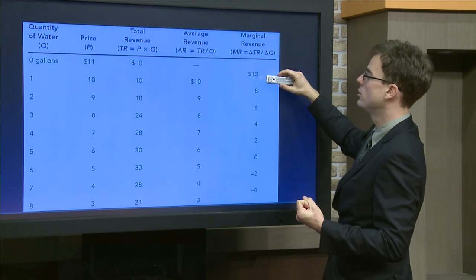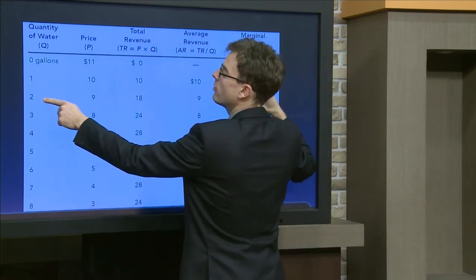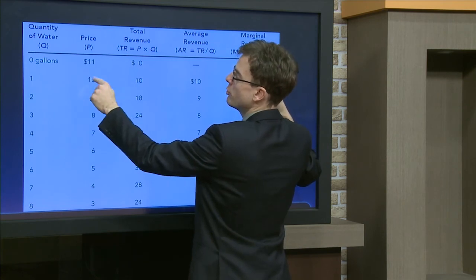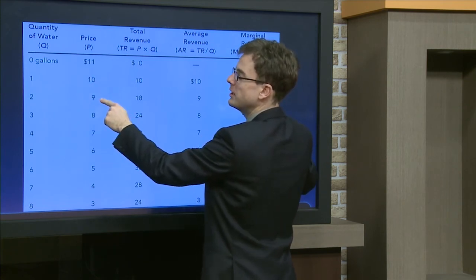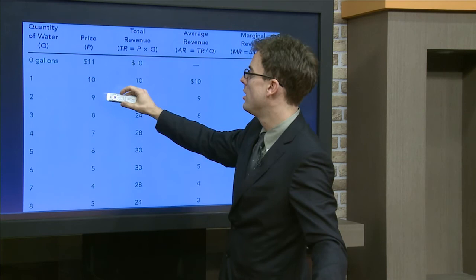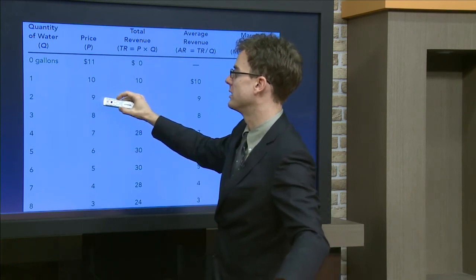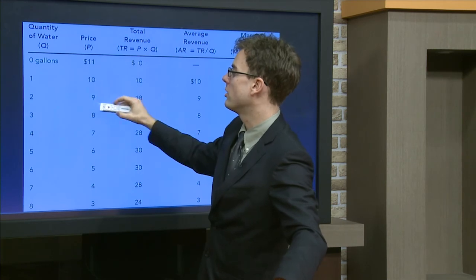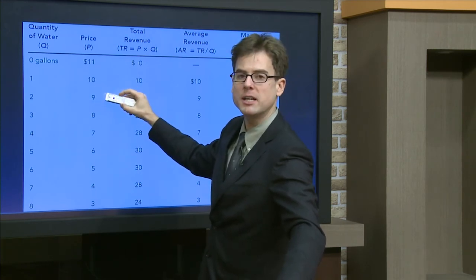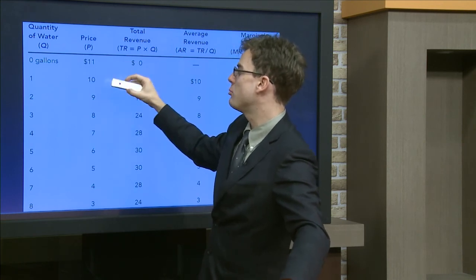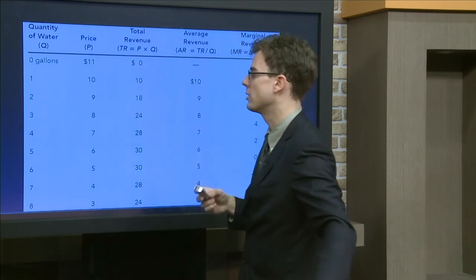So from producing the second unit of water, notice that the company cannot keep the price level at 10, it has to decrease price to 9. And so the output effect of producing the second unit of water is the company can collect $9 more from the second consumer, but the monopolist gives up $1 from the first consumer of water.